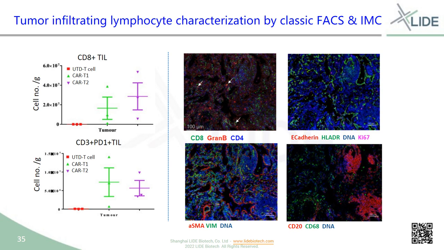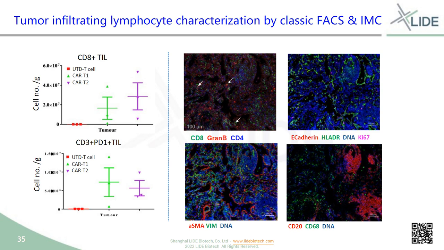So by using IMC analysis, we can easily locate some lymph node-like tissue in the lung cancer samples, like CD4 positive blue cells actually close to the red CD20 positive germinal center-like B cells, and some green CD8 positive cells.